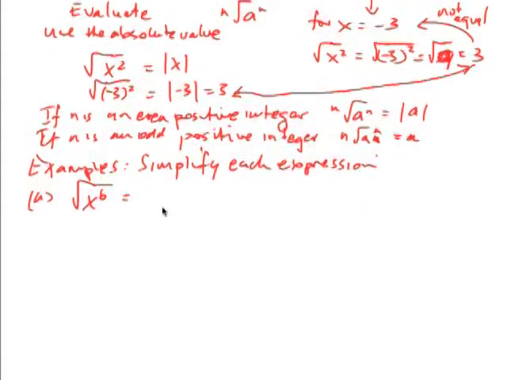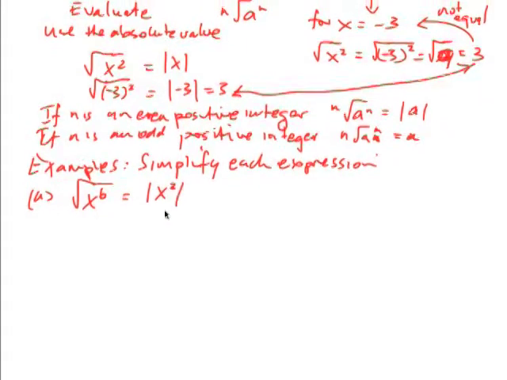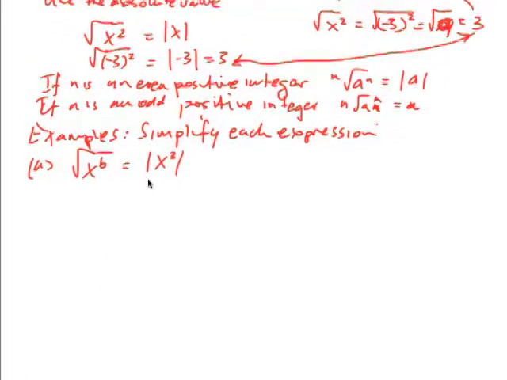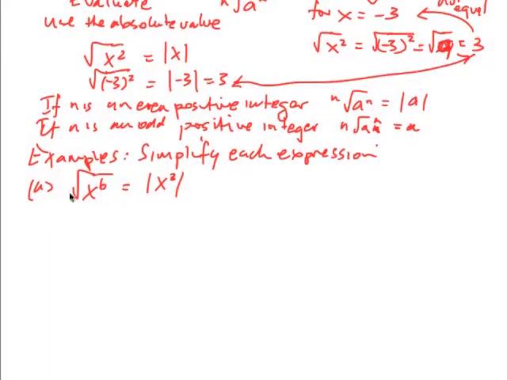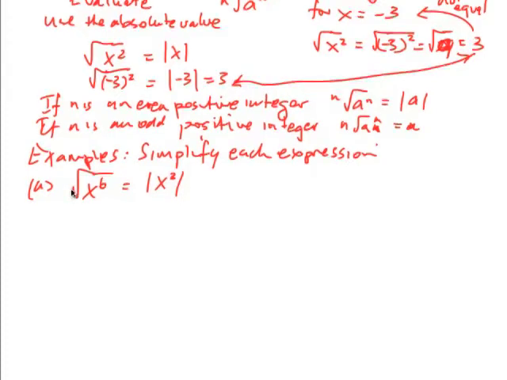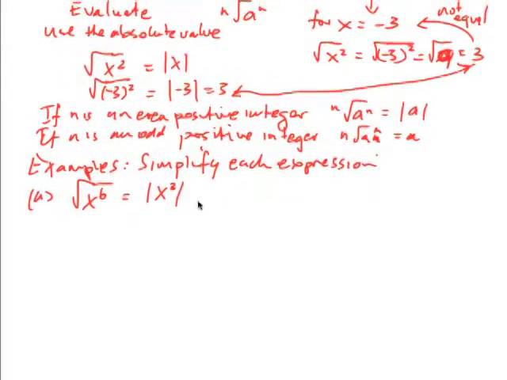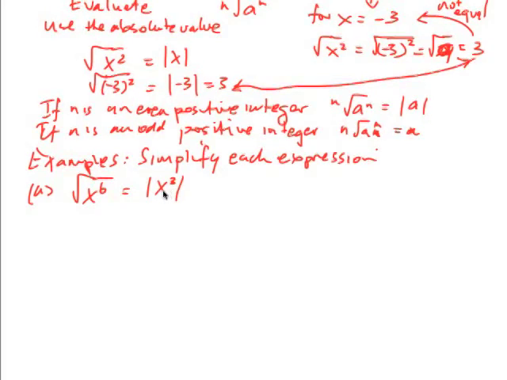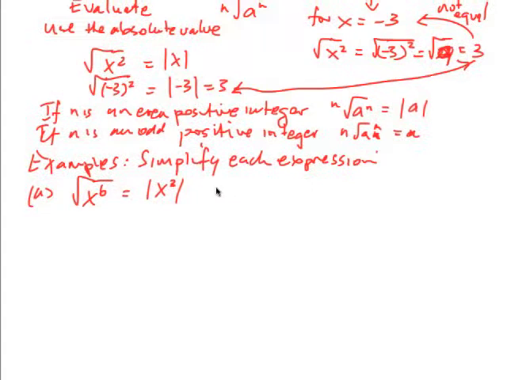This will of course be the absolute value of x cubed, because we've got an even index and a square root. Notice that we have that absolute value because the cube of a number could be positive or negative, so we need to take care of that.